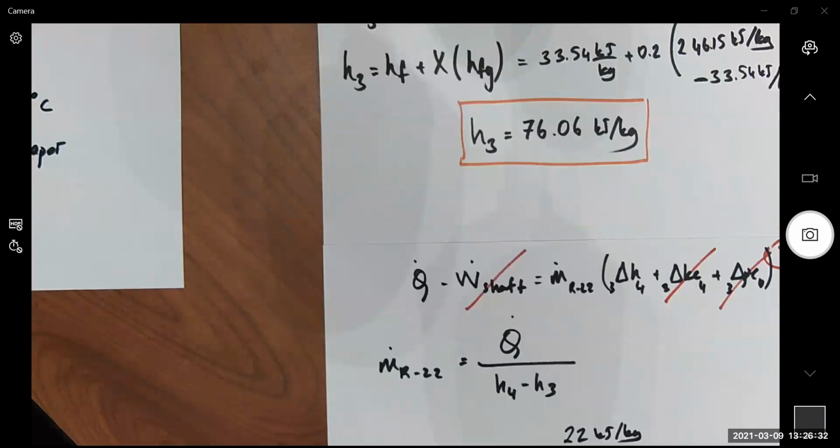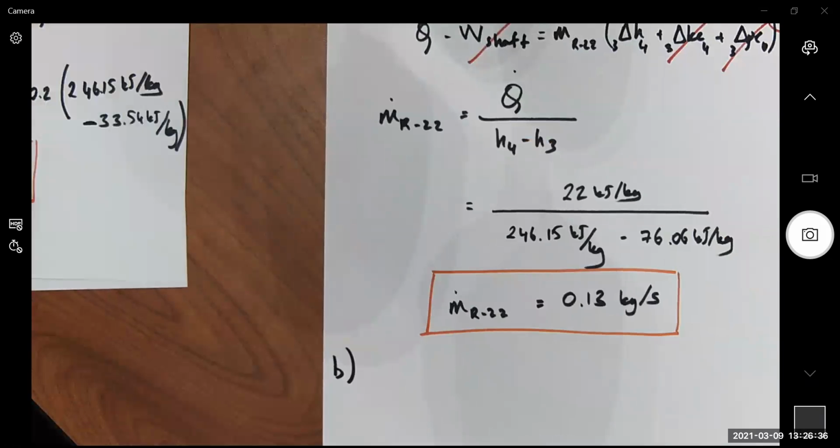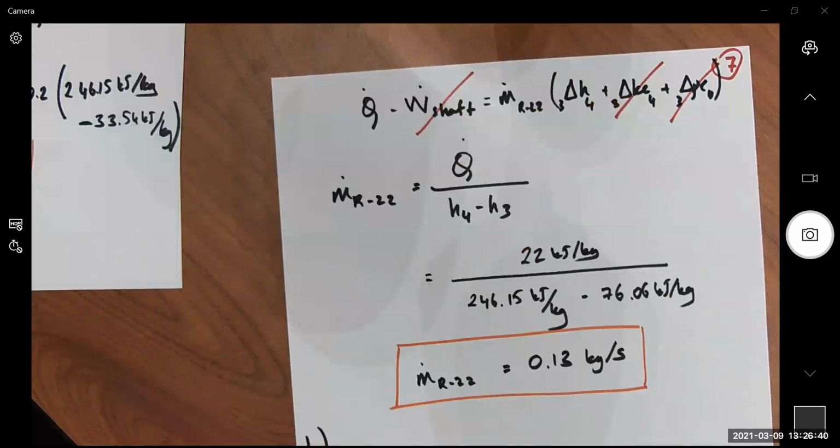B. Now we will choose the control volume on the hot side because we are asked to calculate the exit temperature of the air.